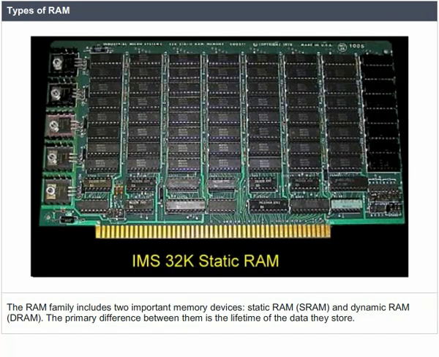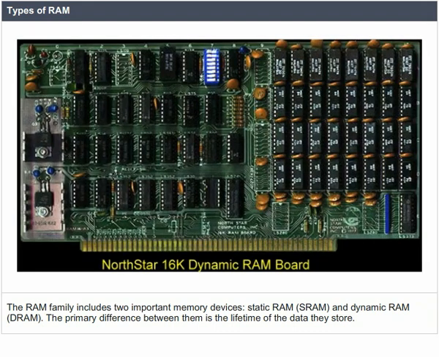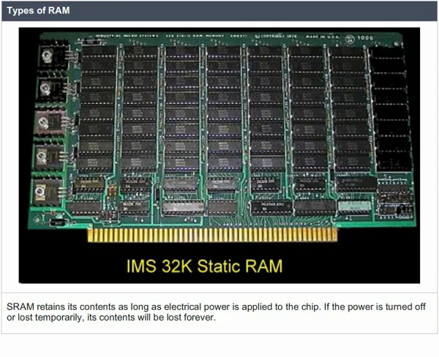Types of RAM. The RAM family includes two important memory devices, static RAM, SRAM, and dynamic RAM, DRAM. The primary difference between them is the lifetime of the data they store. SRAM retains its contents as long as electrical power is applied to the chip.